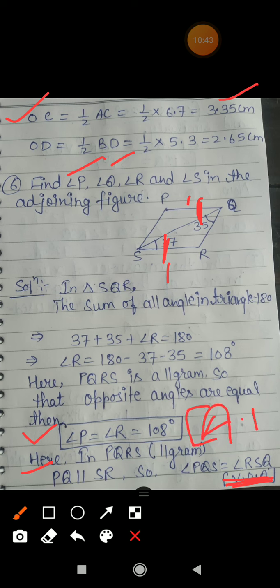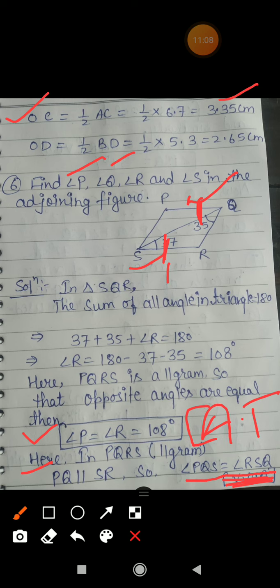Which angles are alternate interior? This angle and this angle. So angle PQS is equal to angle RSQ. Clear?